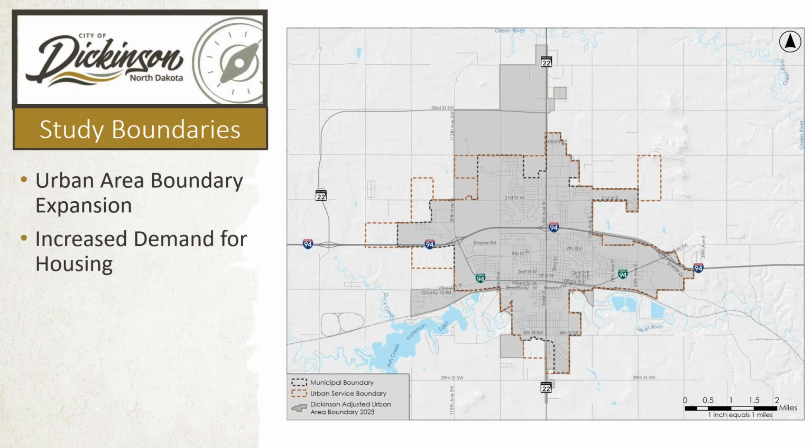Dickinson has a documented shortage of housing for the commercial and industrial uses within the city, and it's really been a key spotlight for the city in its comprehensive planning to raise the housing within the city.